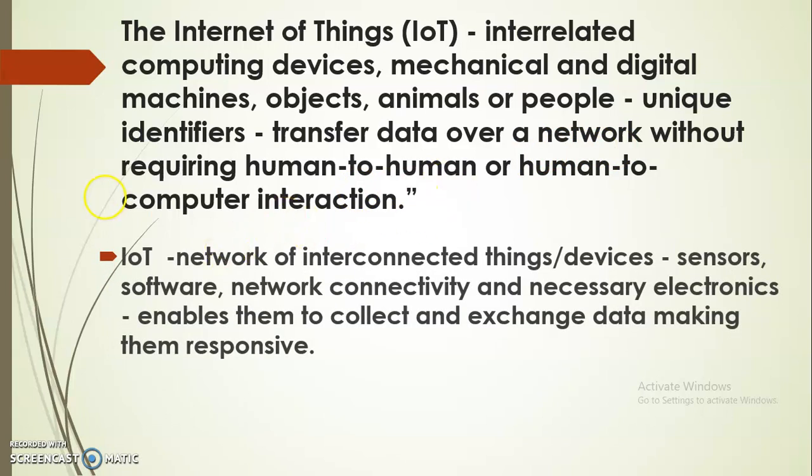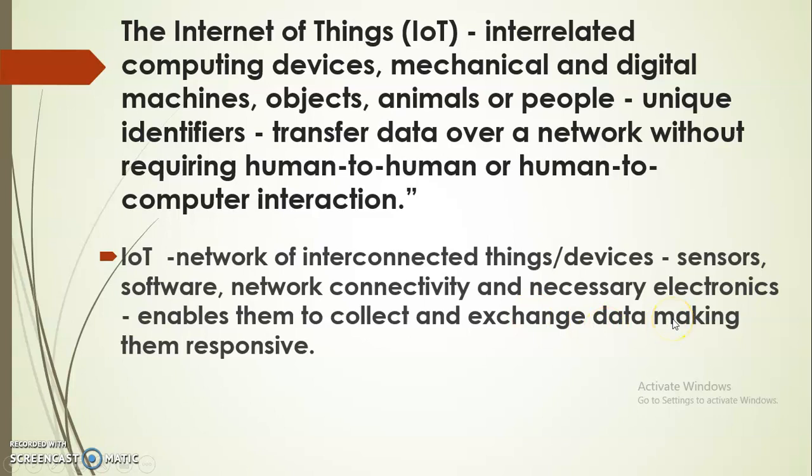Otherwise, we can also define IoT as a network of interconnected things or devices which are embedded, that is connected with sensors, programmed with software and network connectivity, and which require the necessary electronics to enable them to collect the data and exchange the data.